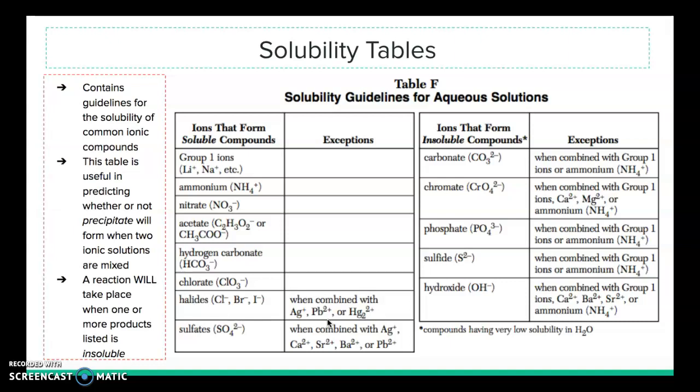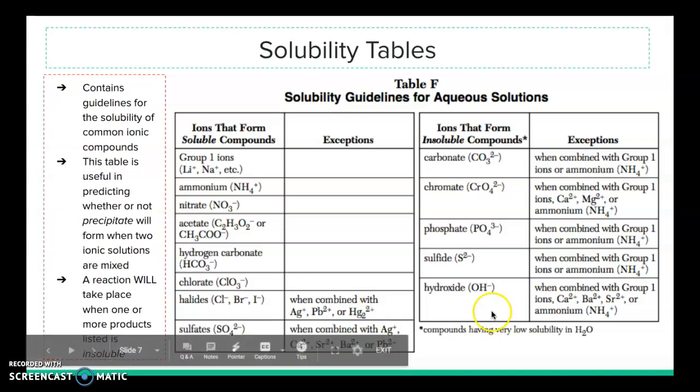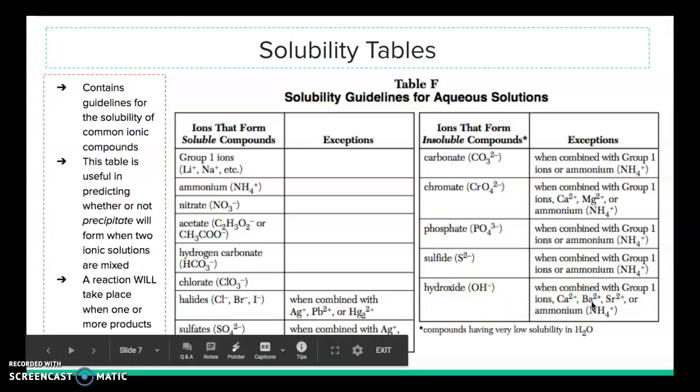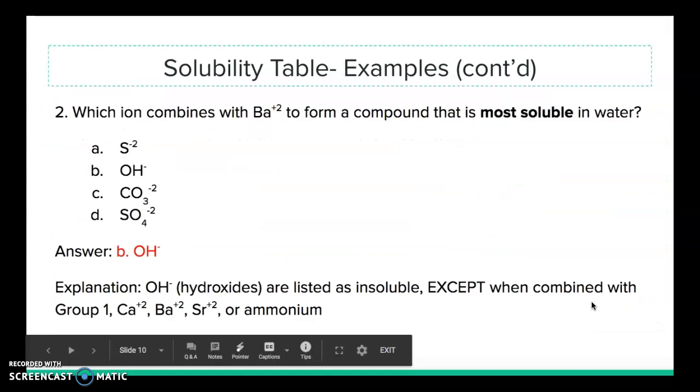So since we have barium, this would be an insoluble solution. So the only one that gives us a soluble solution would be our hydroxides, because they are insoluble except when combined with barium. Okay, so that would give us answer B there.